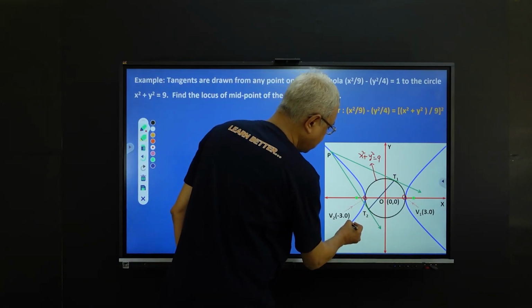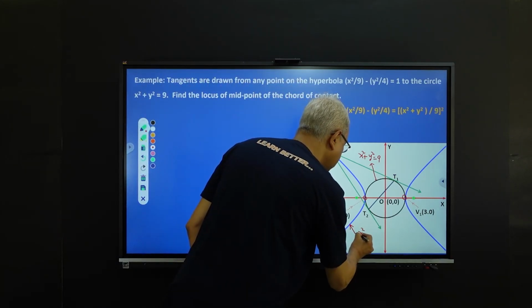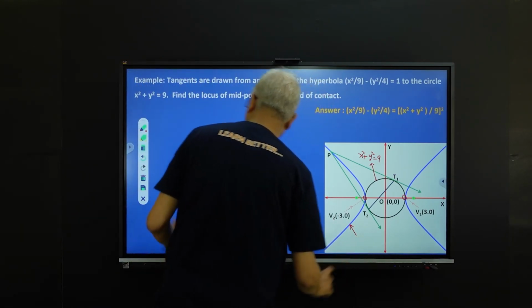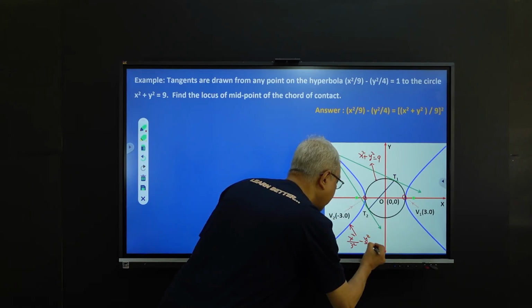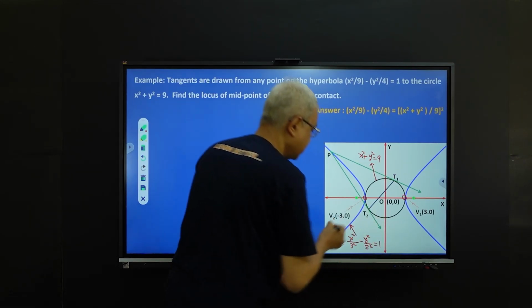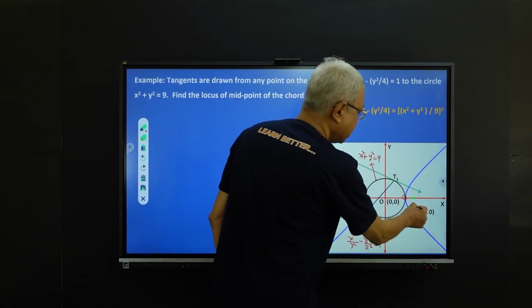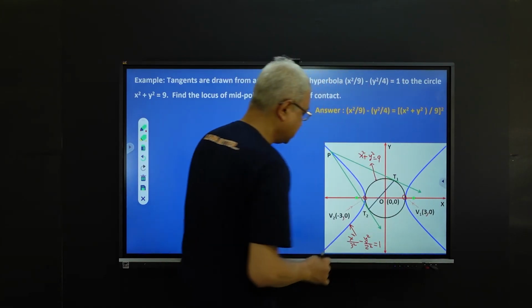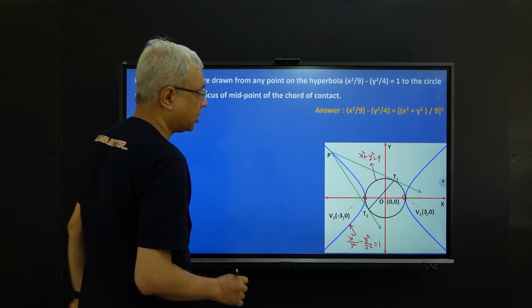And this is the hyperbola whose equation is x square by 3 square minus y square by 2 square is equal to 1. So this is the hyperbola, and vertices of the hyperbola are 3, 0 and minus 3, 0, and these 2 points are common to both the hyperbola and the circle.